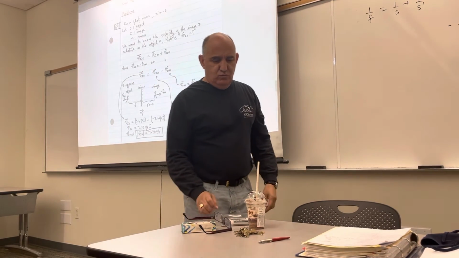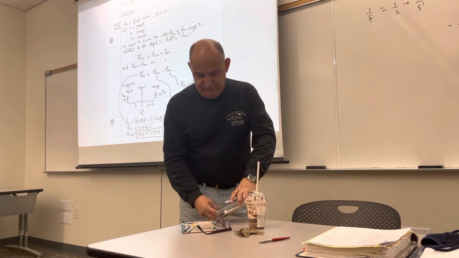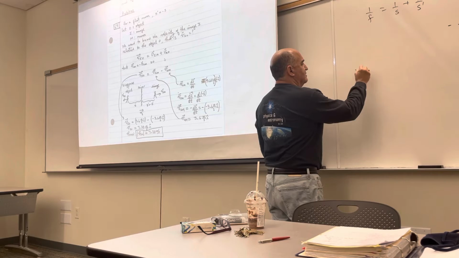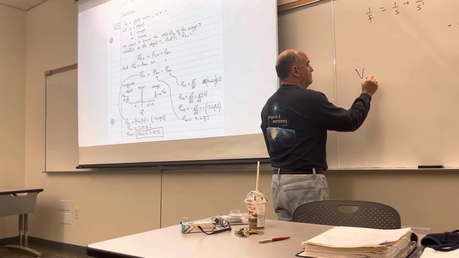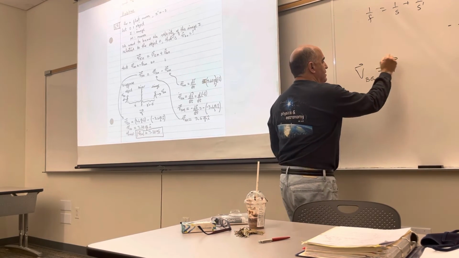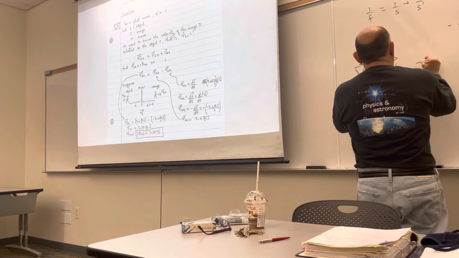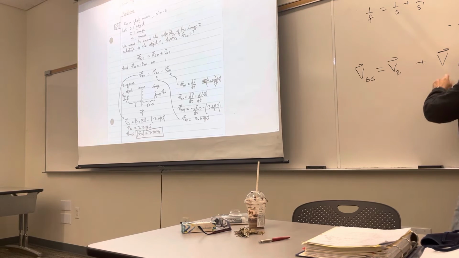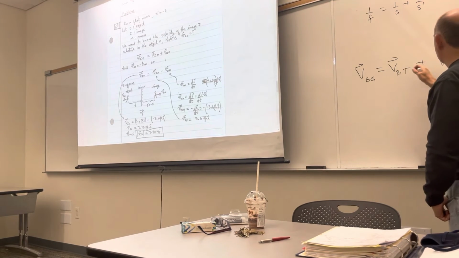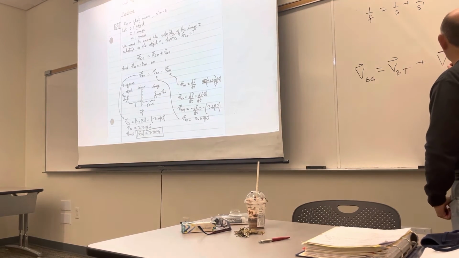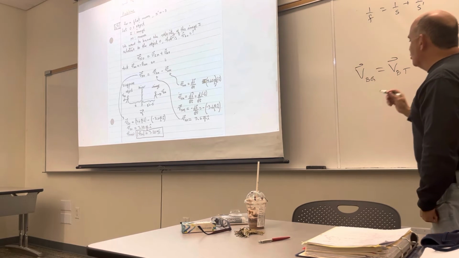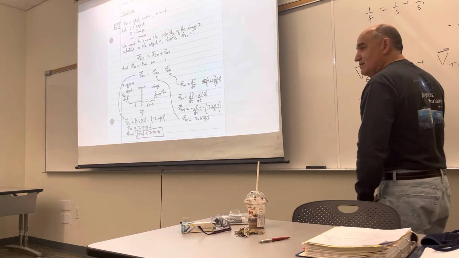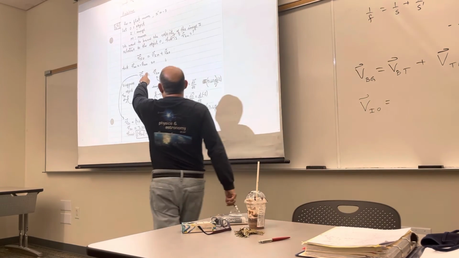I mentioned this last time with relative velocity, like the velocity of the baseball relative to the ground: you write B first, and G is the last one, and whatever you write here has to be the one you write over there. So that was the truck. Baseball relative to the truck was the velocity of the truck relative to the ground. So what I want here is the velocity of the image relative to the object.